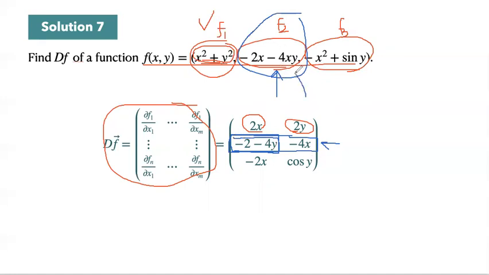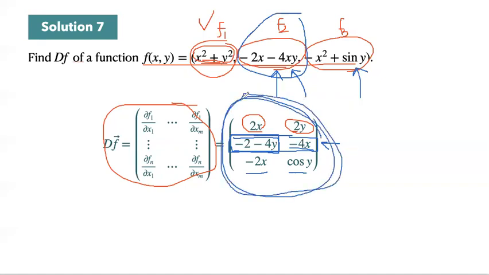And if we differentiate that function with respect to y, we get minus 4x. And lastly, if we differentiate the third function with respect to x, we get minus 2x, and with respect to y here we get cosine y. So we can calculate the differential of a function f like this.